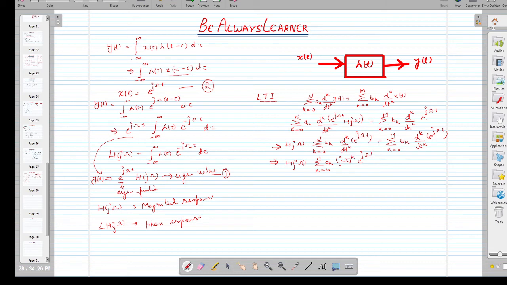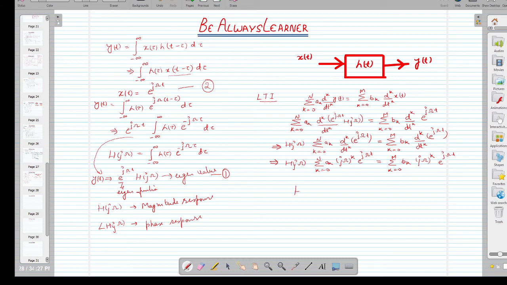And summation k equal to 0 to M b_k, the kth derivative of e raised to the power j omega t will give (j omega) raised to the power k and e raised to the power j omega t. That's how we can express it.